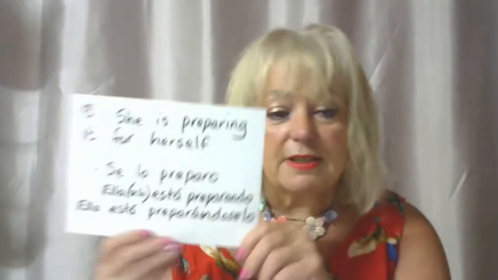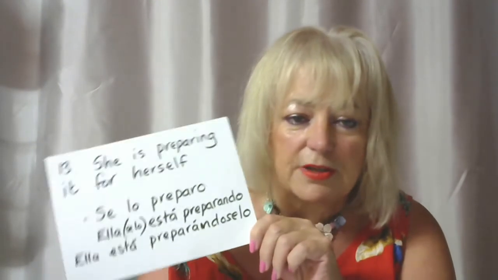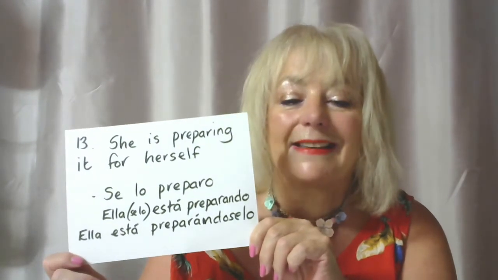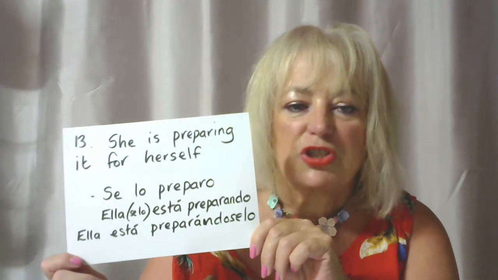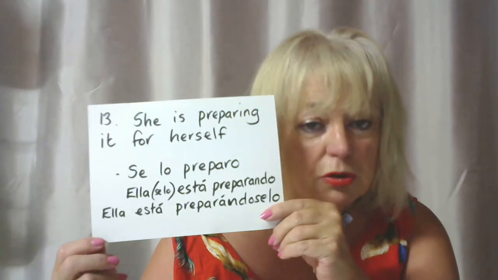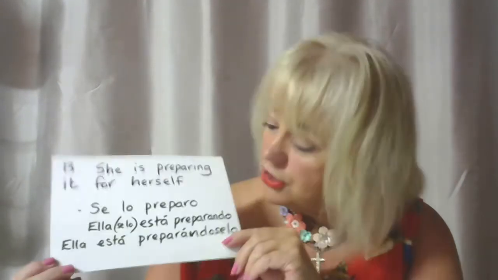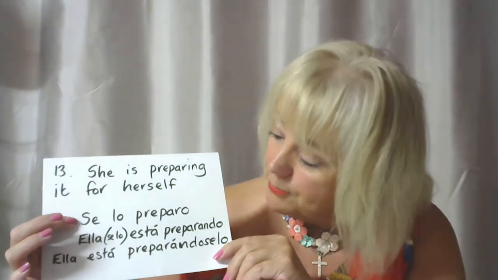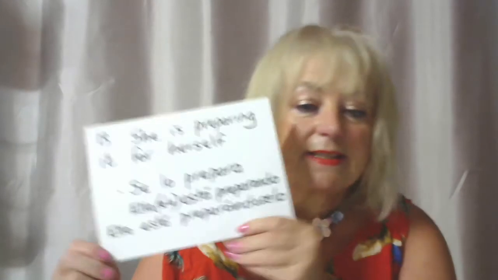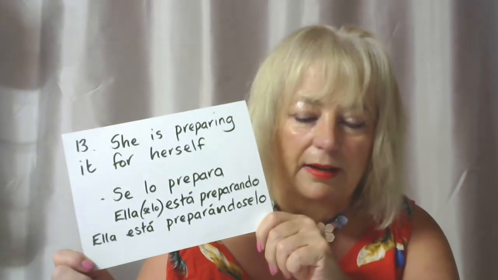Now, this is another time, número 13, another time when we can put these pronouns on the end, is when we're using an ing word. So she is preparing it for herself. Now, remember, they don't use ing words so much in Spanish as we do in English. So you could just use the simple present tense and say, se lo prepara.